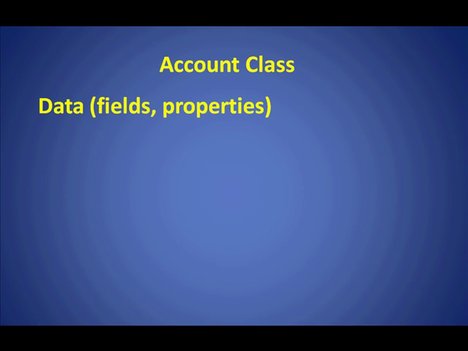Now let's use the bank account as an example of how to write a class. If we think of the account as a class, then we can think of the following properties for the account: account number, customer name, and the balance.